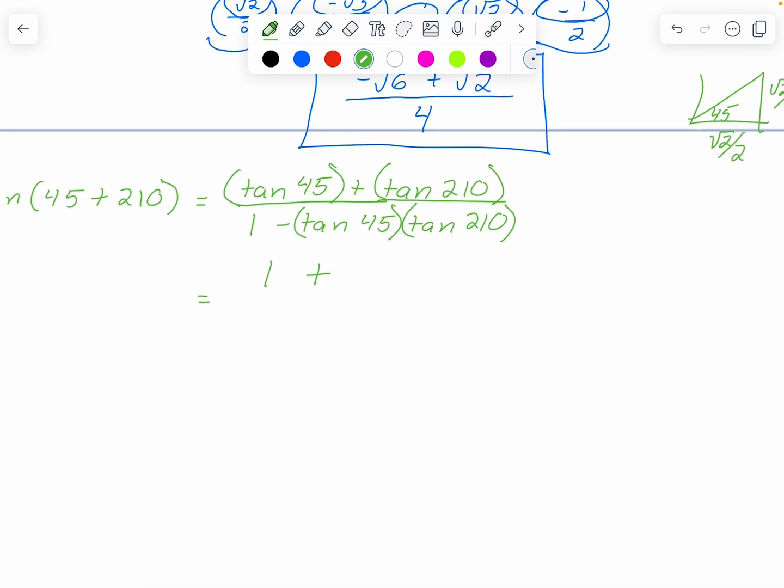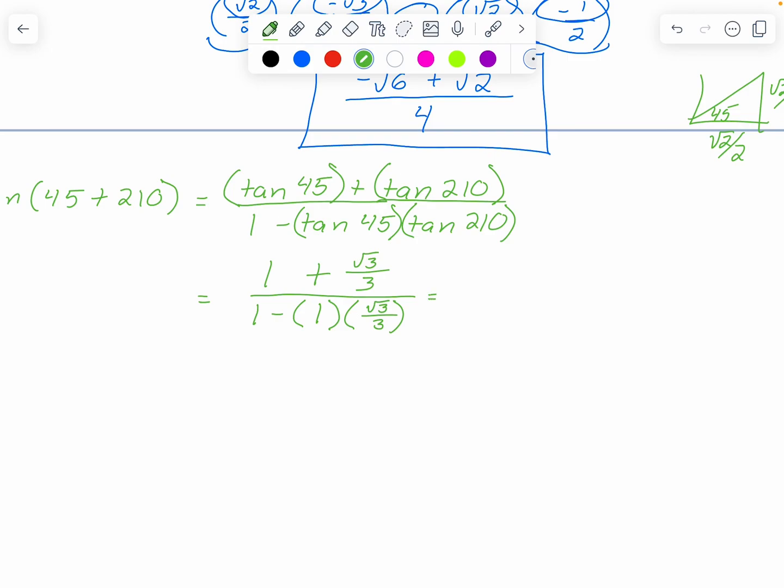So we go down here, we've got our 1 plus, then tangent 210 is square root of 3 over 3. Then on the bottom, we have 1 minus, and then we have our tangent 45, which is 1, times tangent 210, which is square root of 3 over 3. Okay, so we're going to simplify this just a little bit.